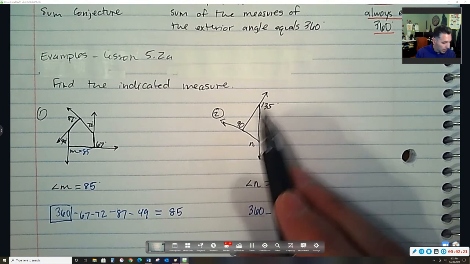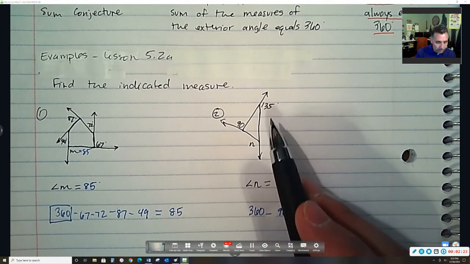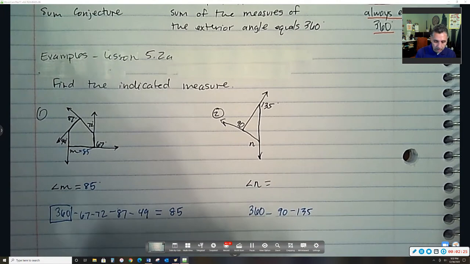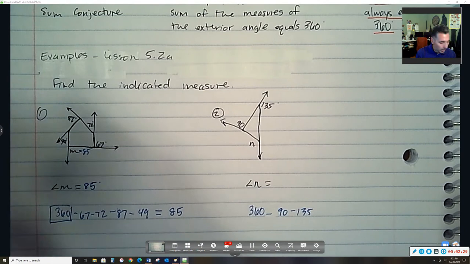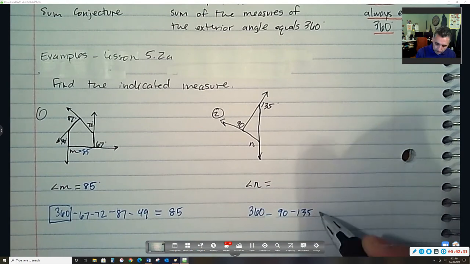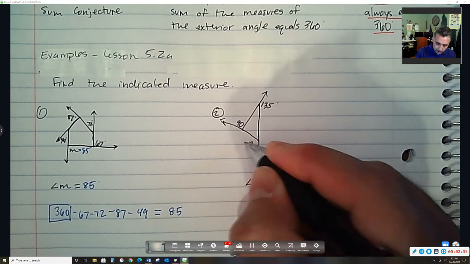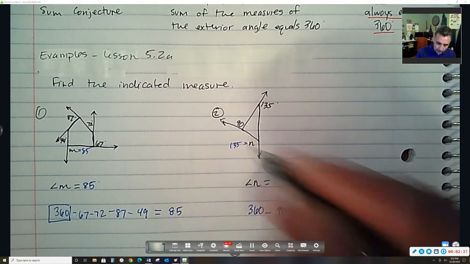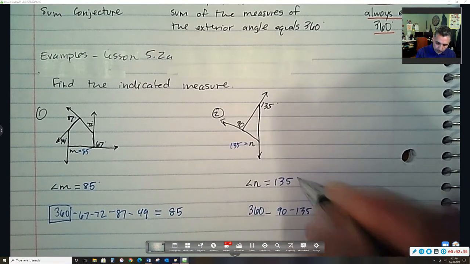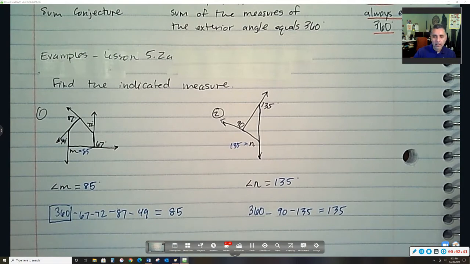When you do 360 minus 90 minus 135, you get 135. Okay, so I know this outside angle is 135. And that's it.